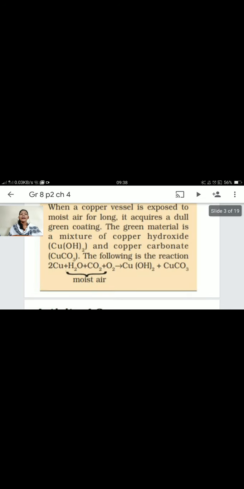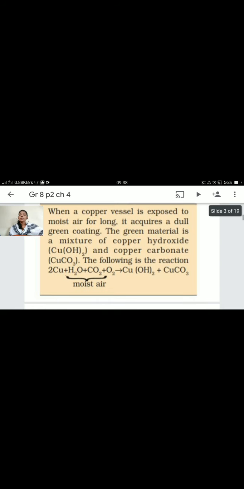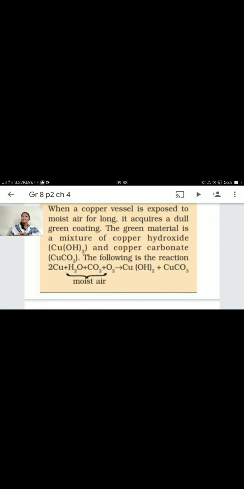We have now seen the Fe metal, that is iron, and magnesium metal also. But there is one more metal which comes in contact with air, that is copper. When iron comes in contact with moisture, it rusts.